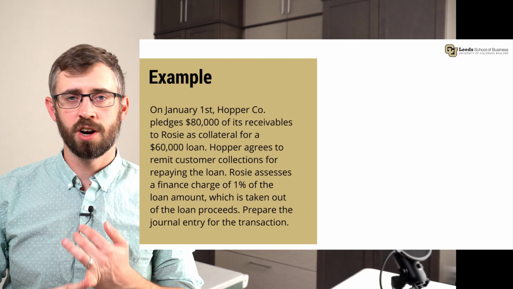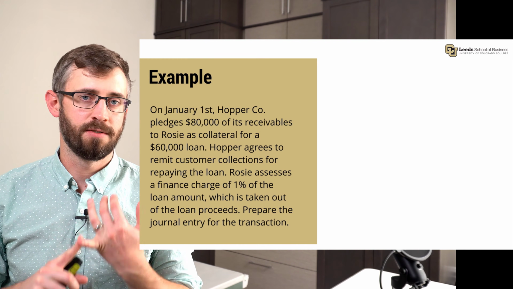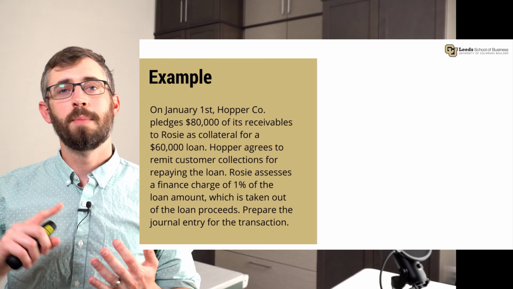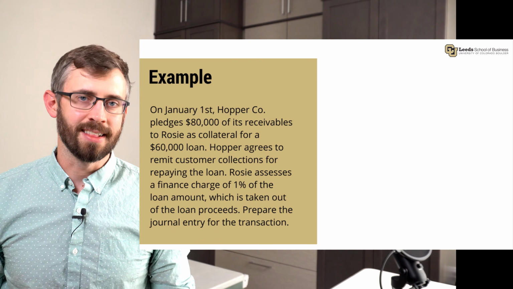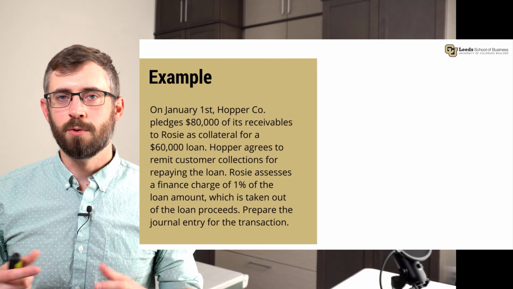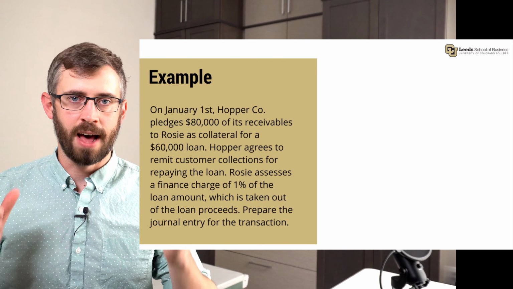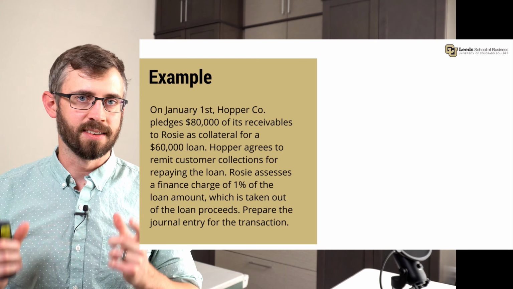Rosie is going to charge a 1% finance fee on this loan, and that will get deducted from the proceeds up front. You can also notice that the amount that Hopper is able to borrow is substantially less than the net fair value of the receivables. Usually the loan amount will not be for the full value of the receivables, but those full receivables are pledged as the collateral.